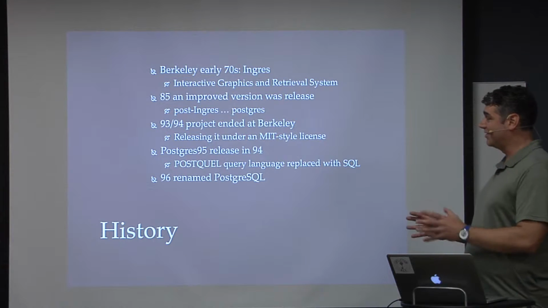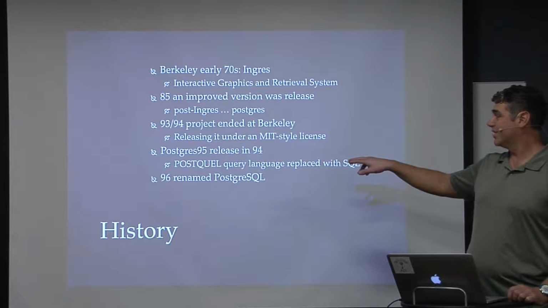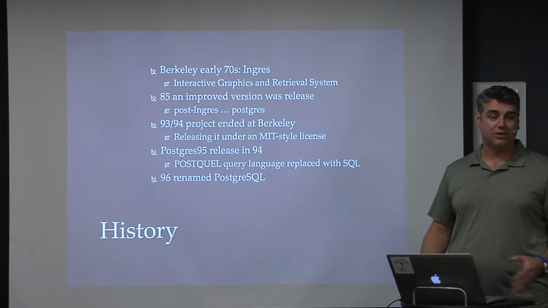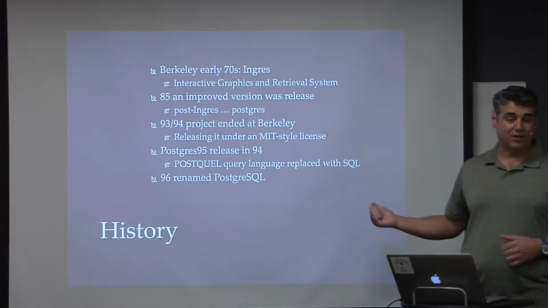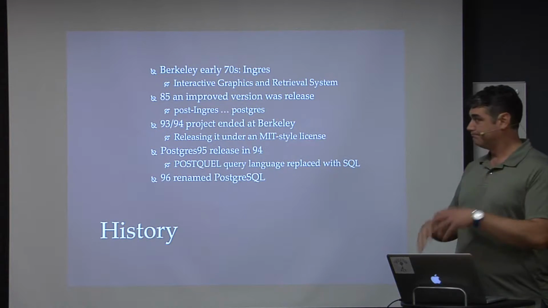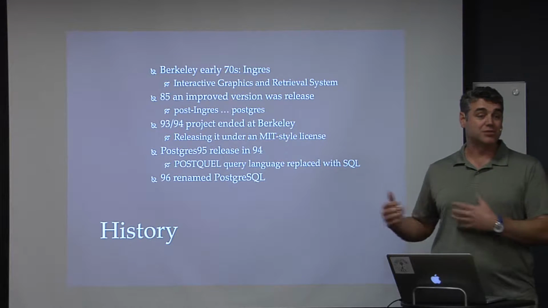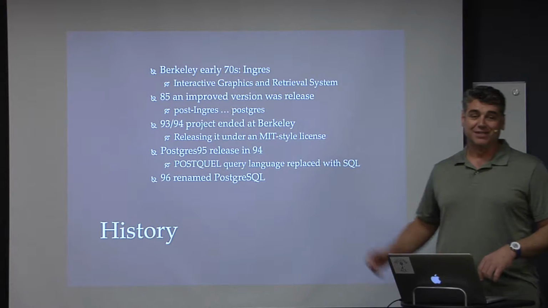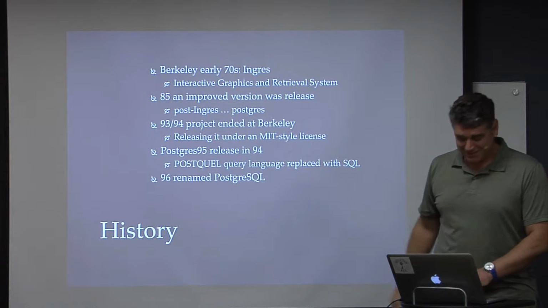No idea why they called it that, but it was basically the delineation. They removed the querying language, which was called PostQUEL, and replaced it with the SQL standard. And then in '96, 2 years later, they renamed it PostgreSQL because of that. So that's how you get from Ingres to PostgreSQL.